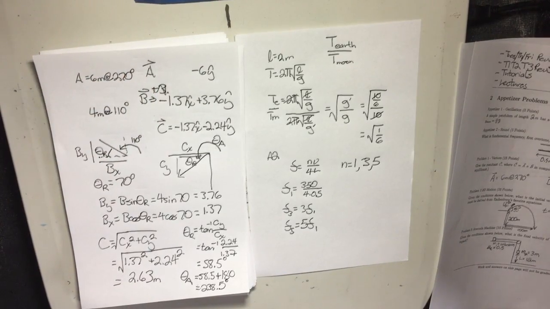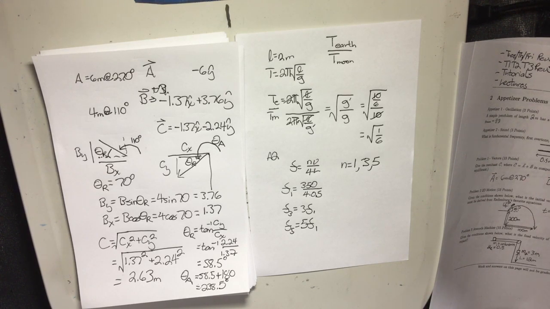You add your x's and y's to y's. Where did I get -6 y hat? -6 y hat is an instant conversion vector from 6 meters at 270. 270 is pointed straight down.